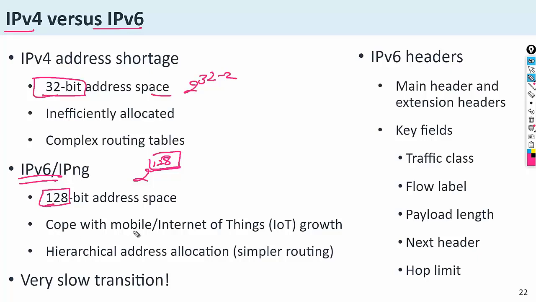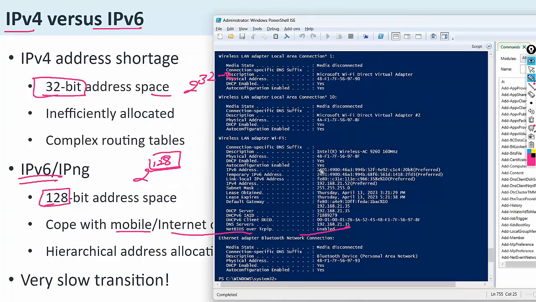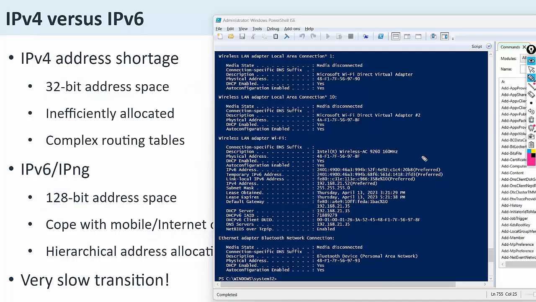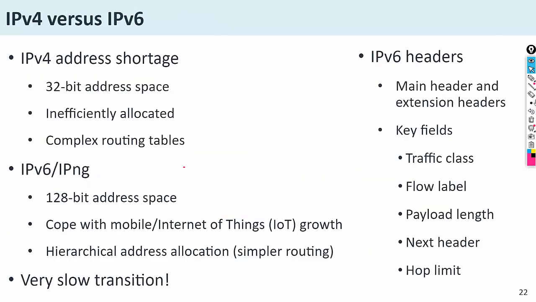Mostly it copes with mobile and IoT growth, because right now I am using a hotspot. That is the reason I am getting this IP address on my laptop, because it is also getting IPv6.